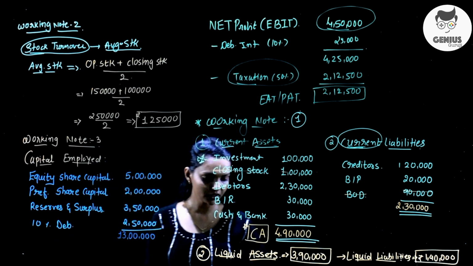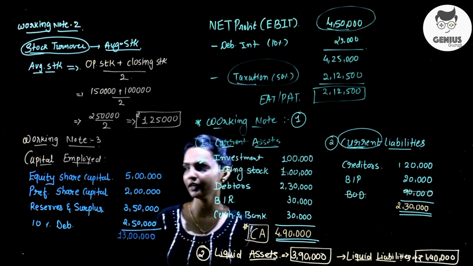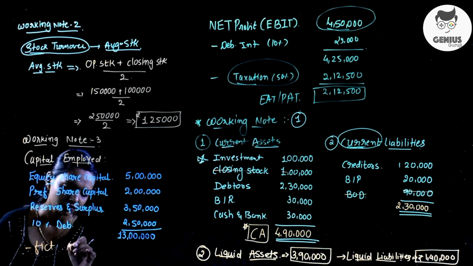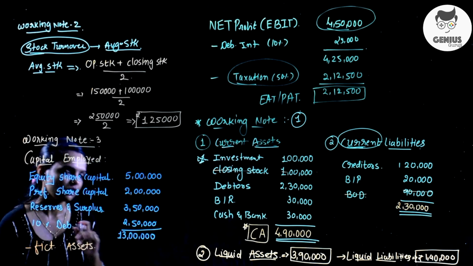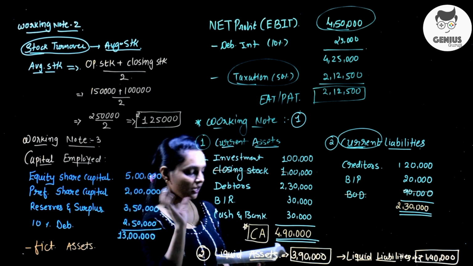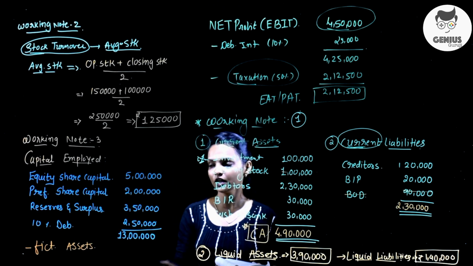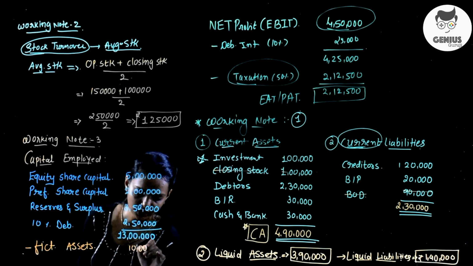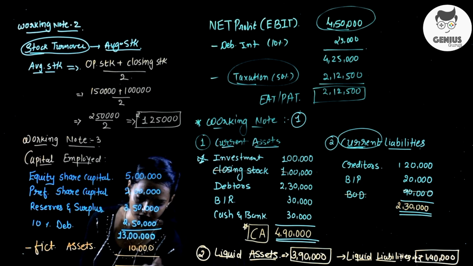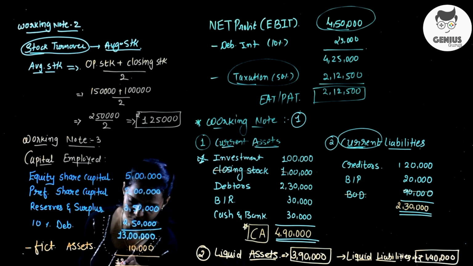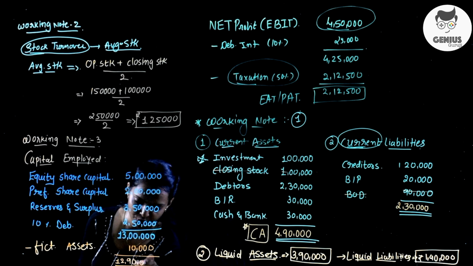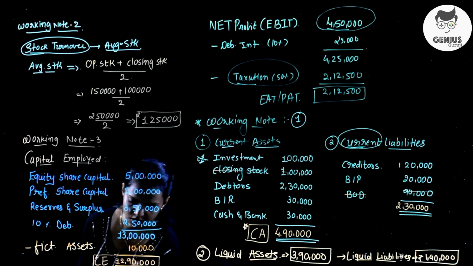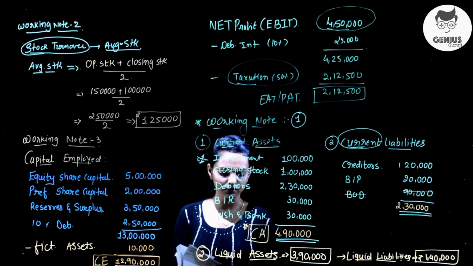Now, the most important part of capital employed is to deduct fictitious assets. In your example, they are mentioning preliminary expenses. Okay, so it will be deducted from here. Preliminary expenses is a fictitious type of asset, so you have to deduct. So my capital employed will be of rupees 12,90,000.